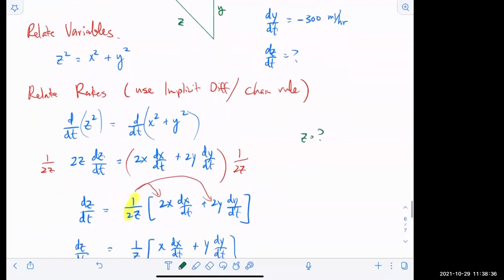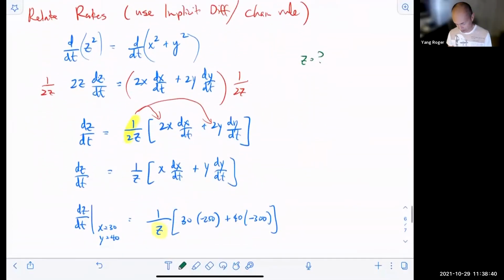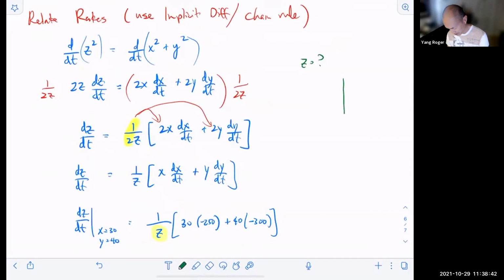Pythagoras. Yes. So I think what we need to do is use the Pythagorean theorem. This side is 30, this side is 40, this side is z, right? So that means z squared is equal to 30 squared plus 40 squared, or z is equal to the square root of 30 squared plus 40 squared.